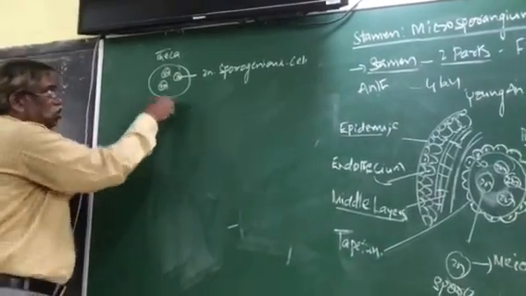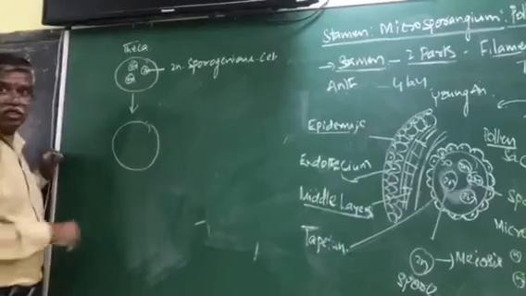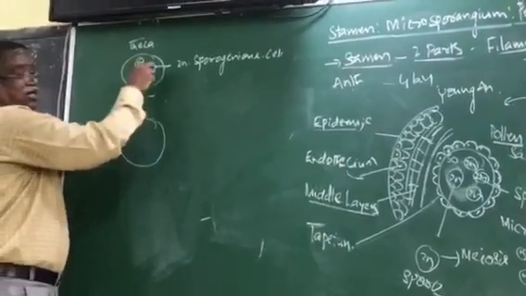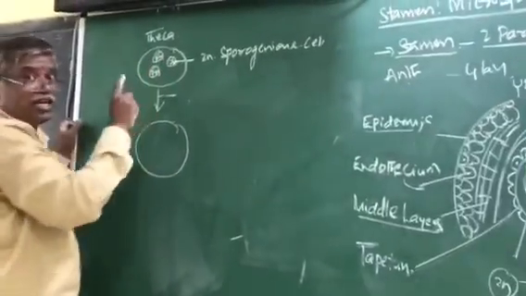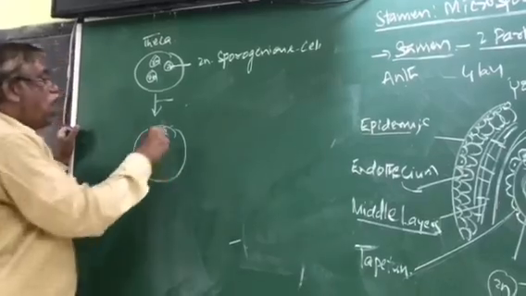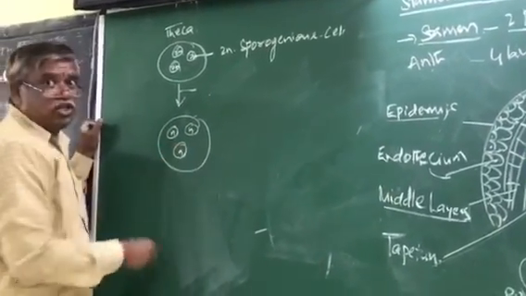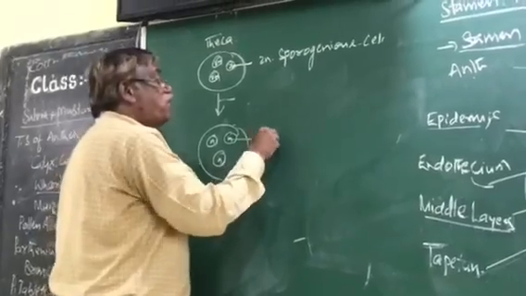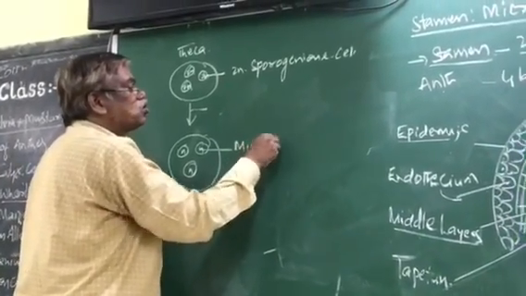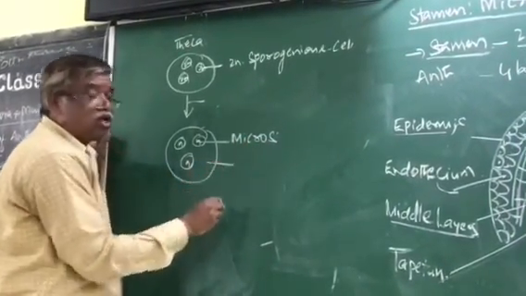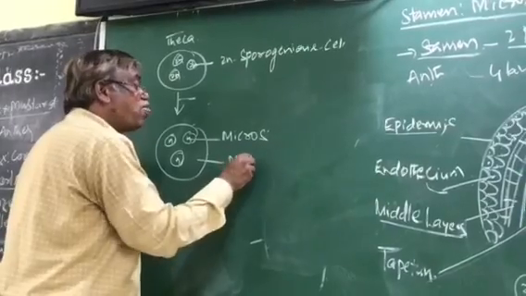Tomorrow, this theca is as it is, but the internal sporogenous cells undergo meiosis and form haploid cells. These haploid cells are called microspores. Hence, this is called microsporangium.